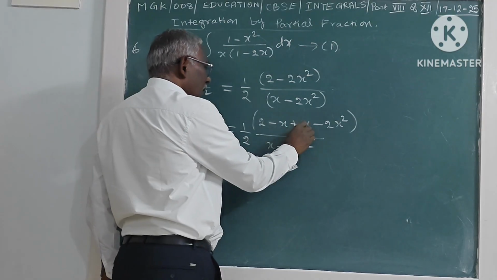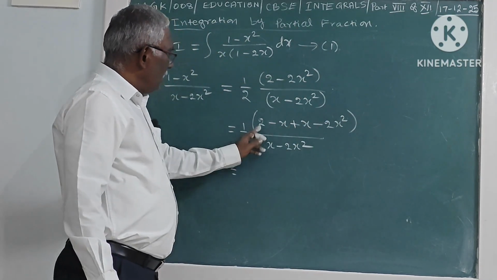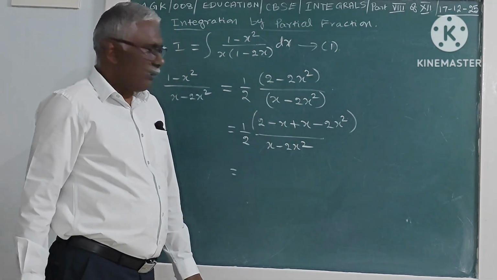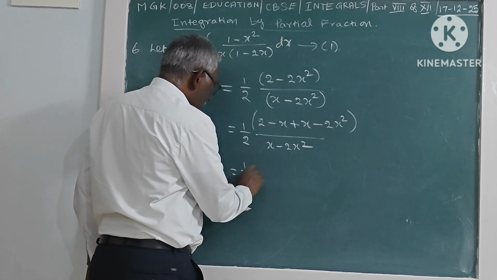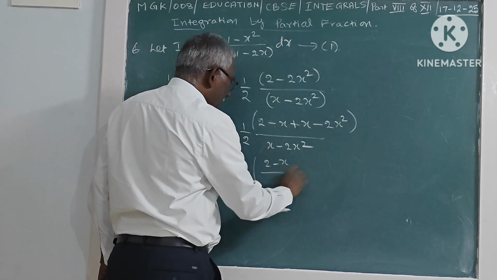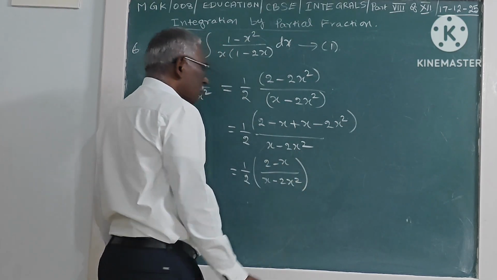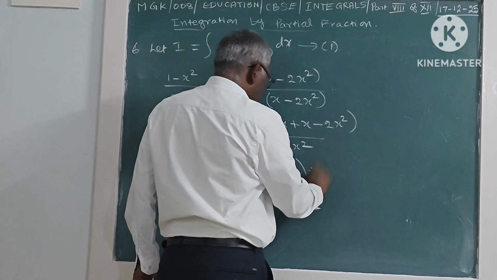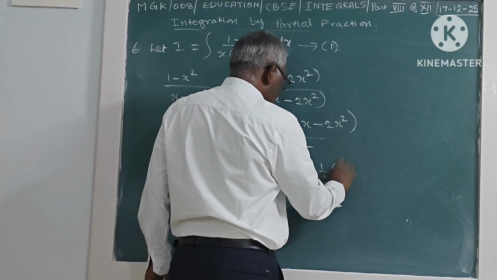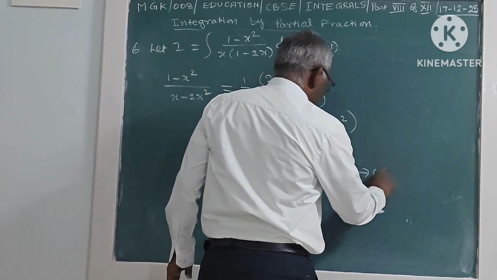Now when you divide x minus 2x square by x minus 2x square, that becomes 1, and 2 minus x by x minus 2x square, this becomes a proper fraction. So half times 2 minus x by x minus 2x square, again plus half times this by this is equal to 1. So we call this as 2.